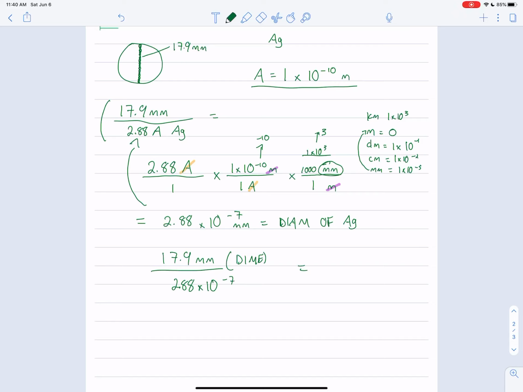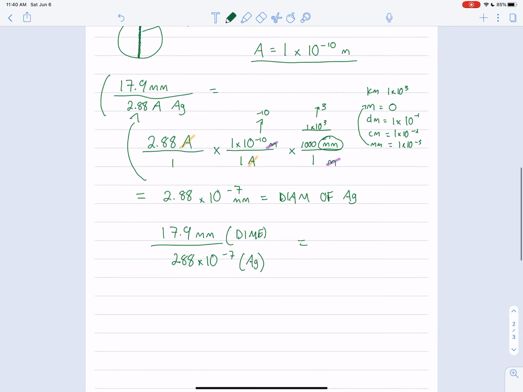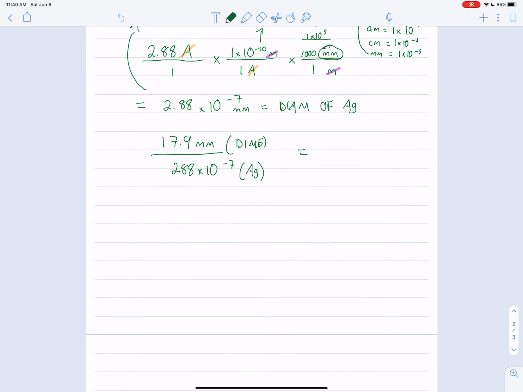So we're seeing how many silver atoms fit into this dime. So 17.9 divided by 2.88 times 10 to the negative 7th. So the answer we get, I'll write it down in longhand, 62,152,777.78.